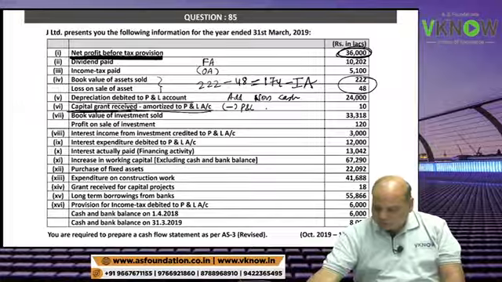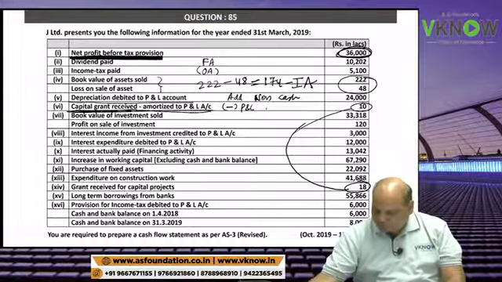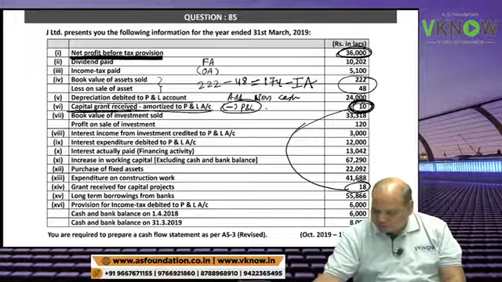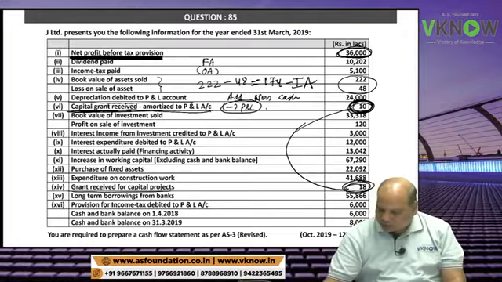There is a note here: in P&L account you have credited 10 only, so 10 will be removed from operating activity in adjustment, but actual grant received is 18 for capital project.